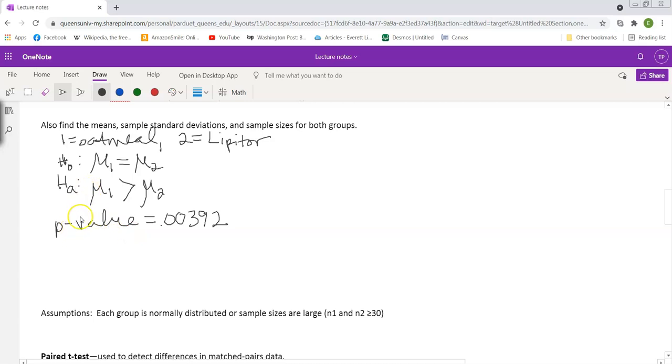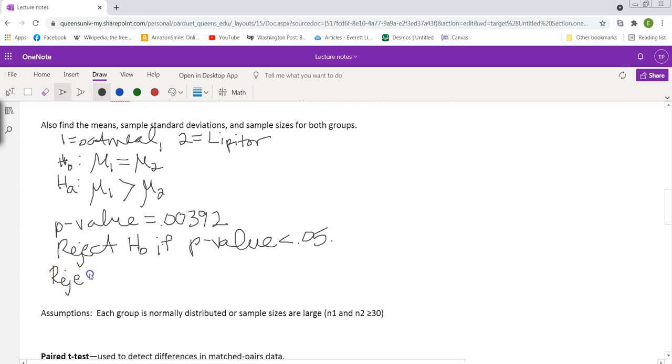So we are going to reject H0 if the p-value is less than 0.05. And in this case it is. This p-value is less than 0.05.